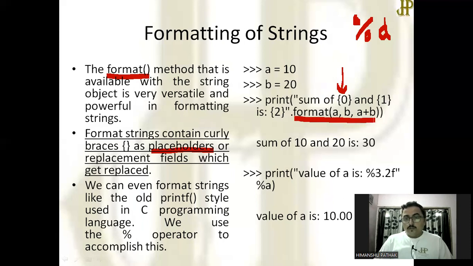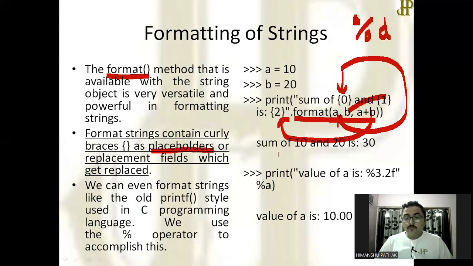So in the format method, I have supplied three values: a, comma, b, comma, a plus b. And against these three arguments, I have supplied three placeholders: 0, 1, and 2. So 0 represents a, 1 represents b, and a plus b is represented by 2.